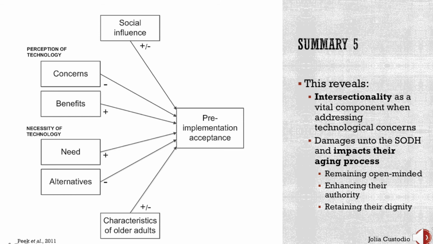When a senior's social determinants of health, such as their race, socioeconomic status, or their community, are neglected or ignored, this can damage the perception and necessity of technology for the senior citizen. Therefore, Peake et al. concluded that a senior's acceptance of technology is critical in streamlining their process in accepting technology in their daily lives and ultimately validates them within Canadian society.